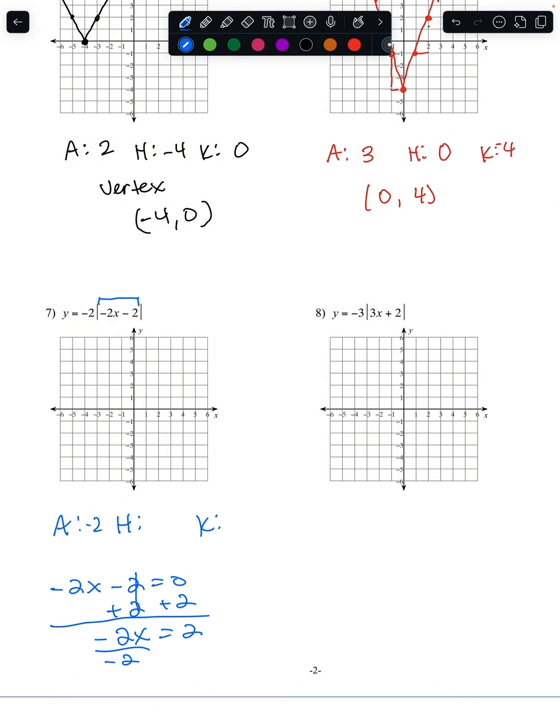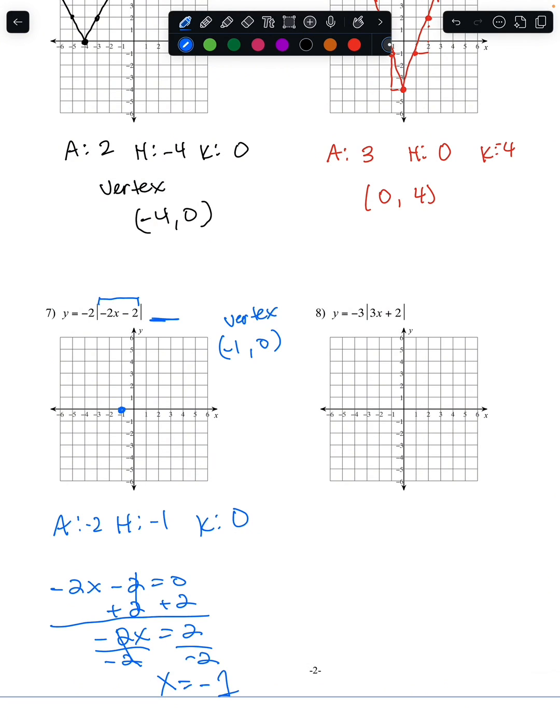Divide both sides by -2. That means x equals -1. So our h is -1. And there's nothing back here, which means that our k is 0. Which means that my vertex is at -1, 0. -1, 0 is here.